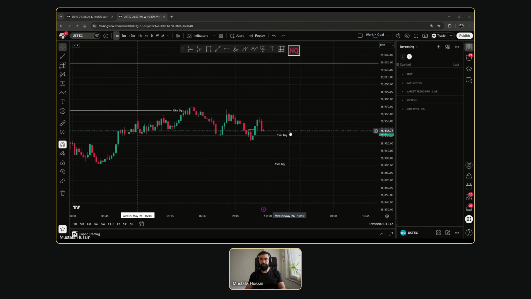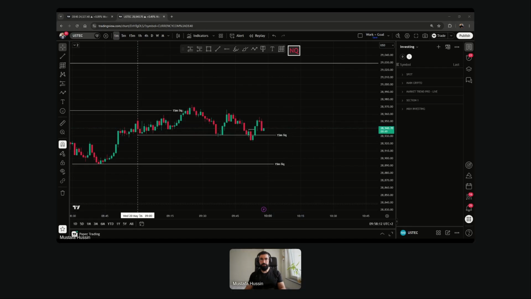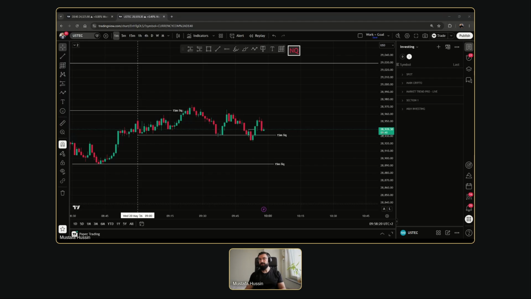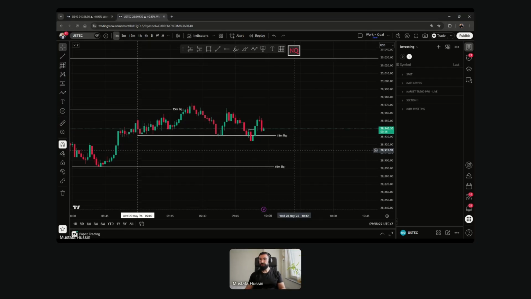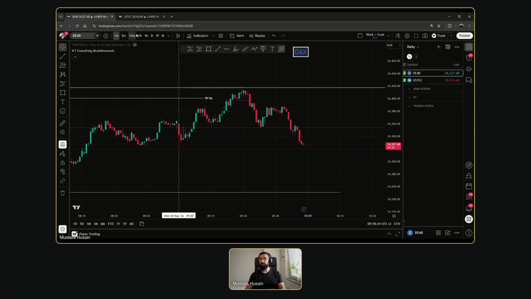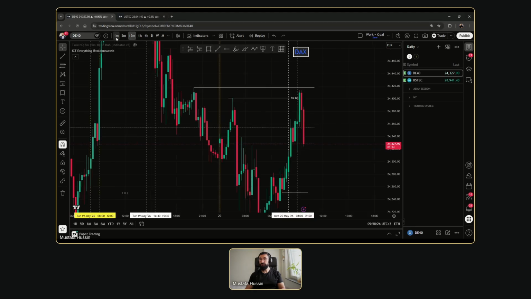Beautiful, beautiful. I'm waiting for the seconds to drop. Don't want to rush into it because you can see the DAX is moving down.